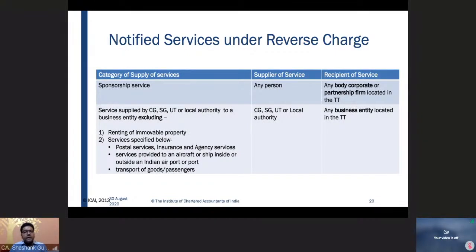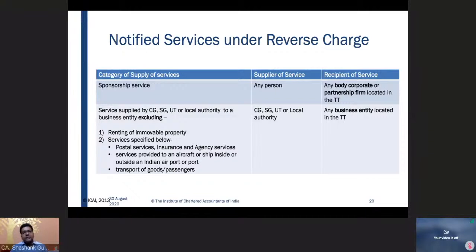Next is service supplied by central government, state government, union territory, or local authority to a business entity, excluding renting of immovable property or services such as postal services, insurance and agency services, services provided to an aircraft or ship inside or outside an Indian airport or port, transport of goods or passengers.